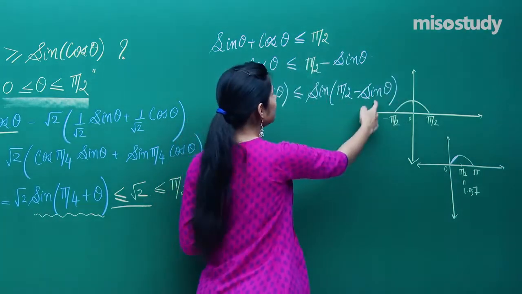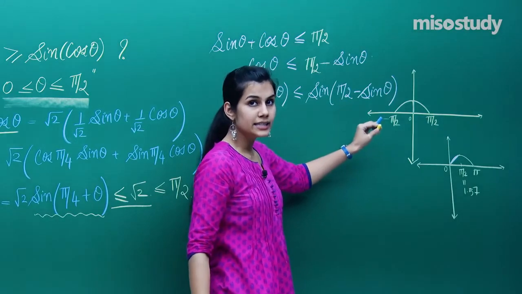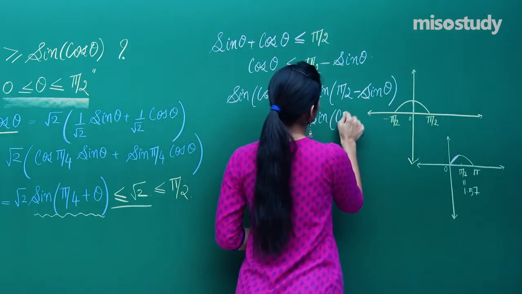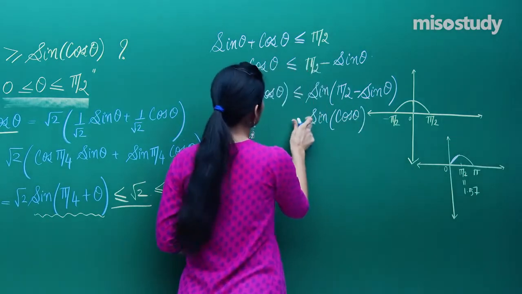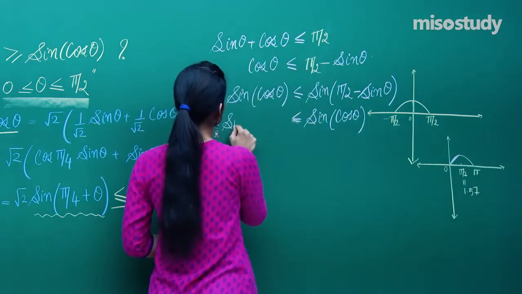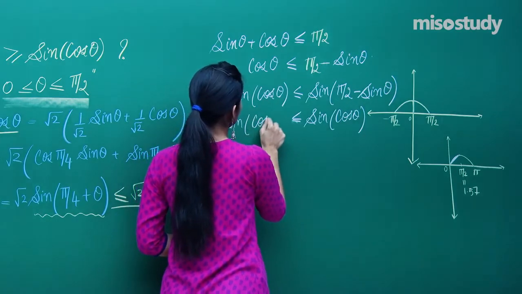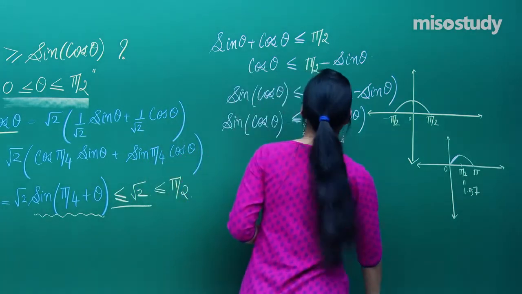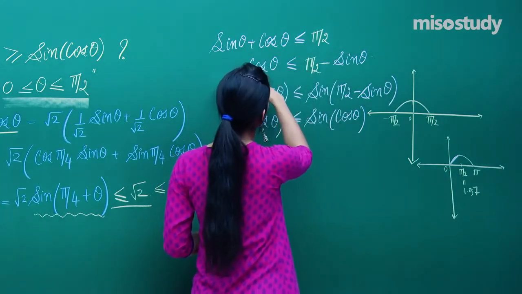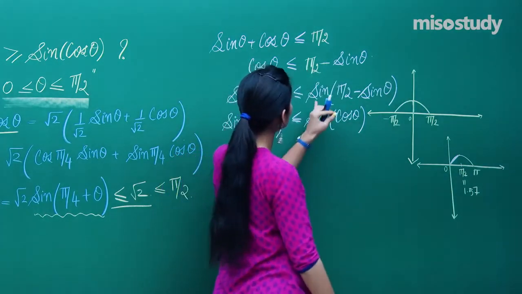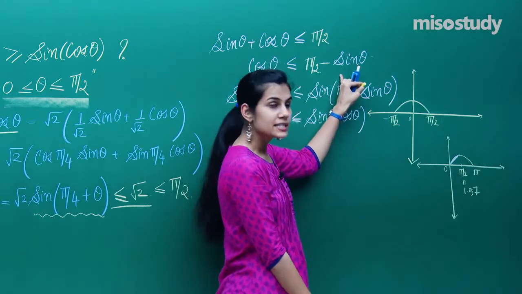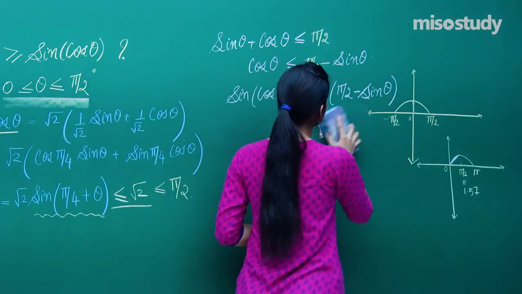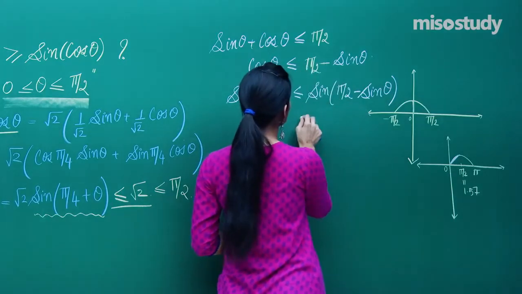Now, what is sine of 90 minus theta? Cos theta. So sine of cos theta is less than or equal to sine of 90 minus sine theta. Now see, sine 90 minus theta happens to be cos theta.